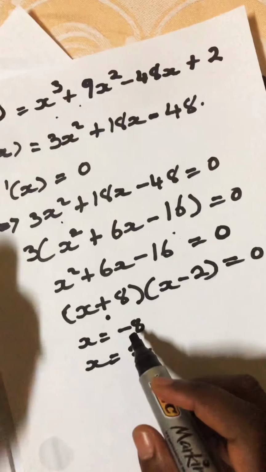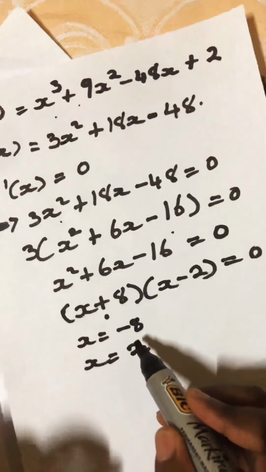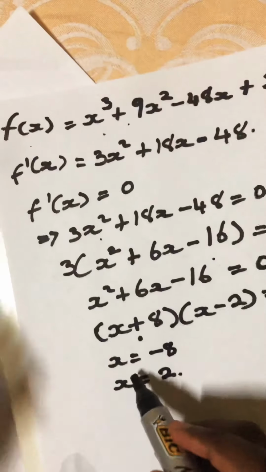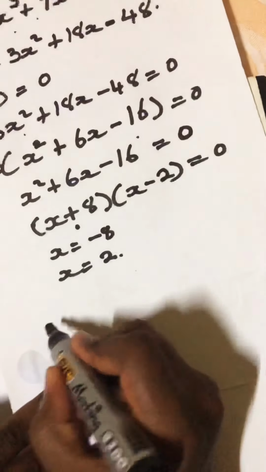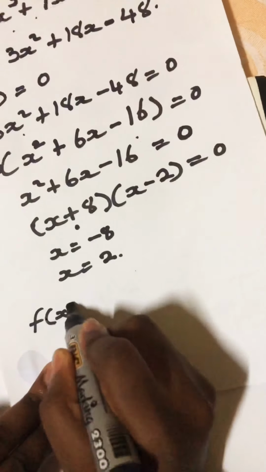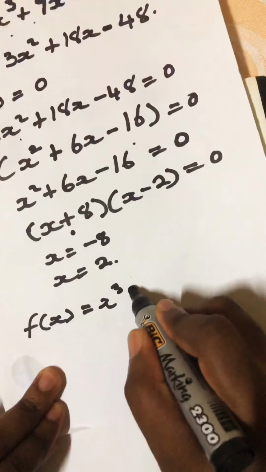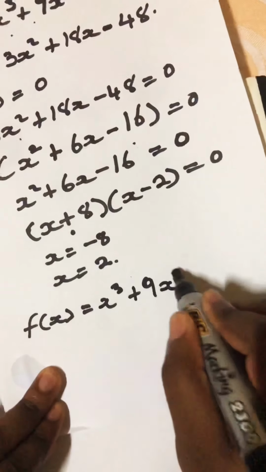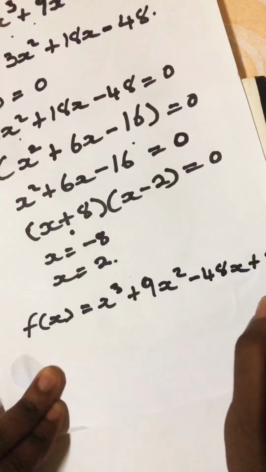And now to find the values of y, we go back and substitute x in the original function. So let's take f of x equals x cubed plus 9x squared minus 48x plus 2.